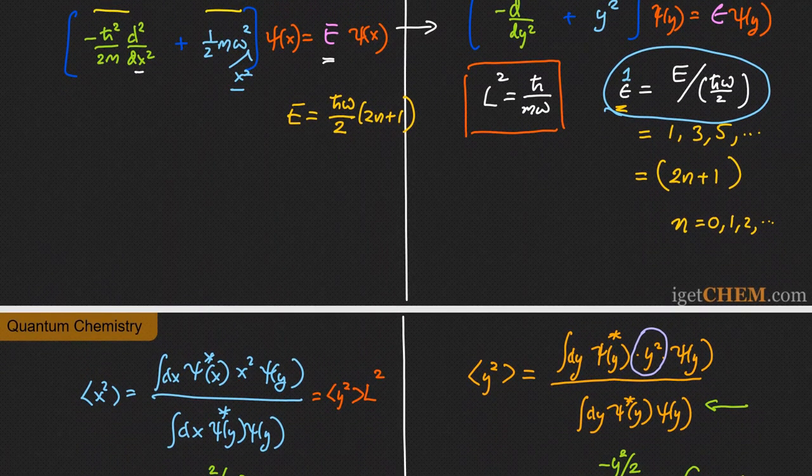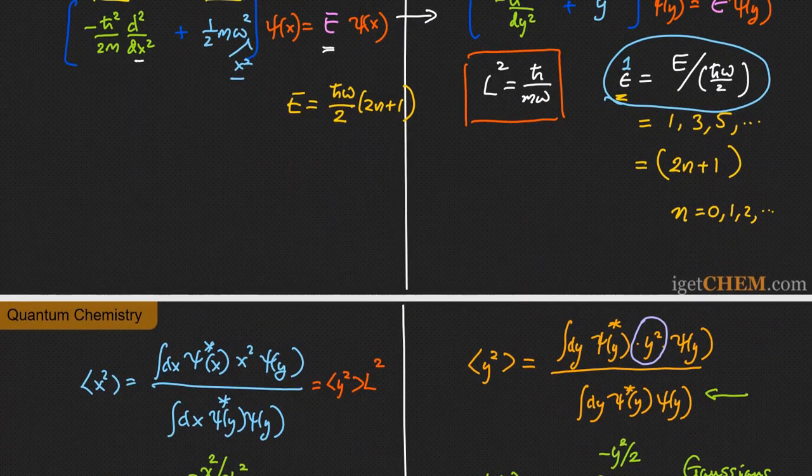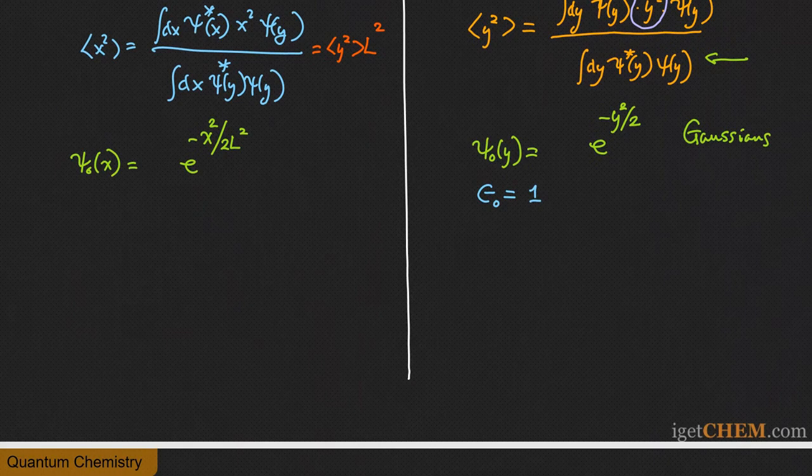Let me erase that so that I don't get confused. So on the right side, the corresponding eigenenergy for that one is just h bar omega over 2. So we have the wave function and the eigenenergy in both the original system, the original equation, and the scaled equation.